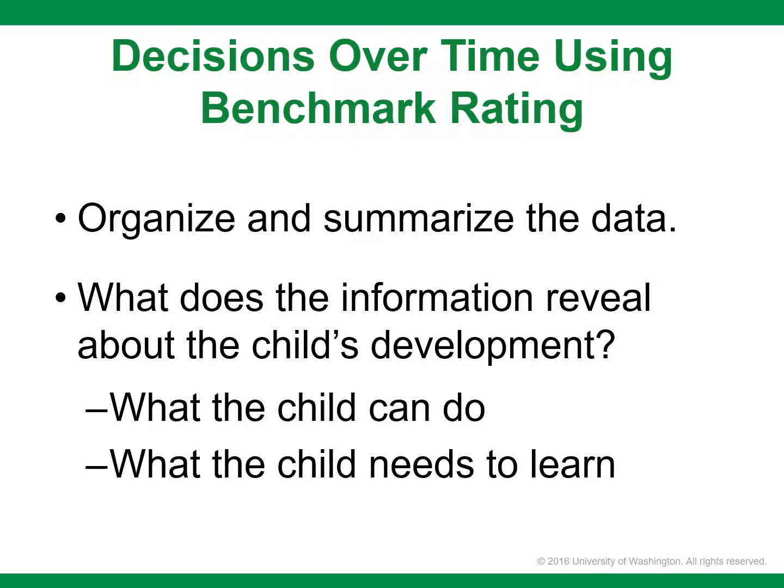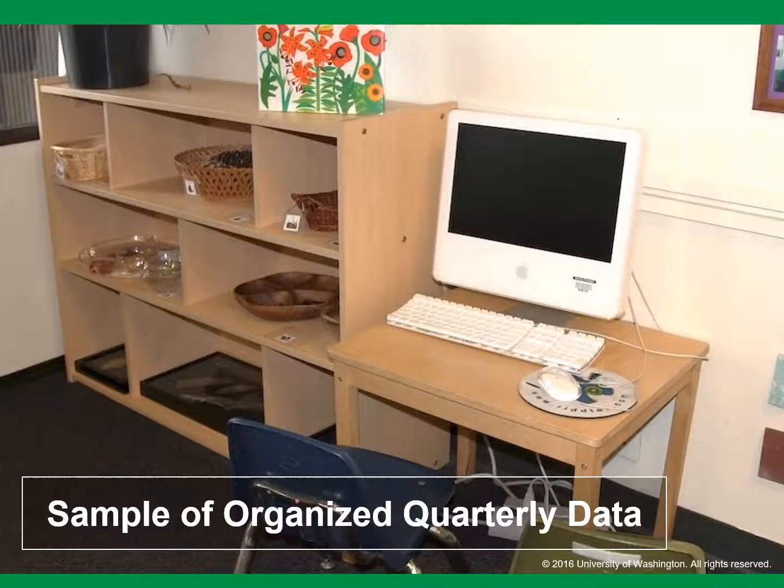Once you have enough information to accurately represent a child's performance, you'll be able to summarize what is known. How can you tell what the child can do in early literacy? How can you determine what the child still needs to learn? Many teaching teams use paper or electronic filing systems to organize anecdotal records and checklist data that show a child's progress.